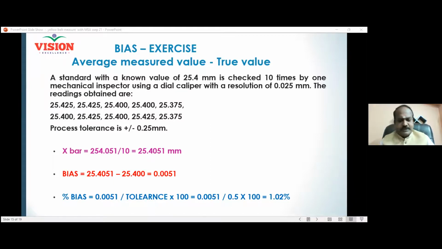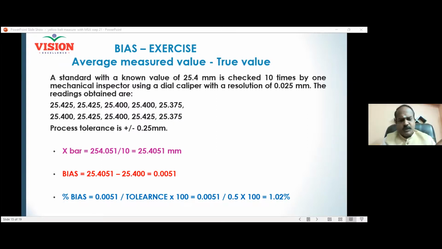At least during the project period, you can trust the equipment. But if the bias is not constant, then it is a stability issue, and the solution is to increase the frequency of calibration. To understand the stability, you can plot some readings using your gauge in a control chart.